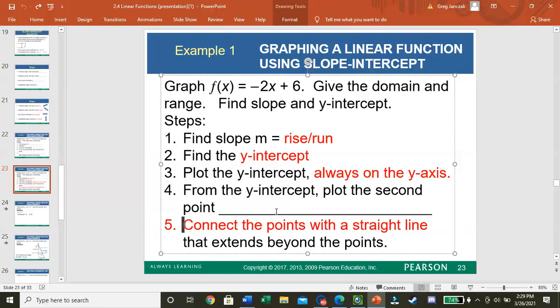So if the rise is negative, you're going to move down. Run, you're going to move to the right. If the slope is positive, your rise is going to move up and then to the right.